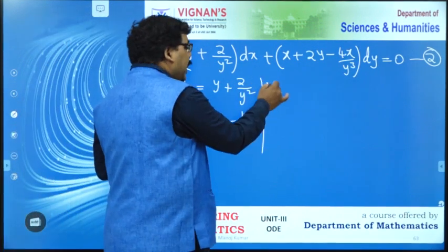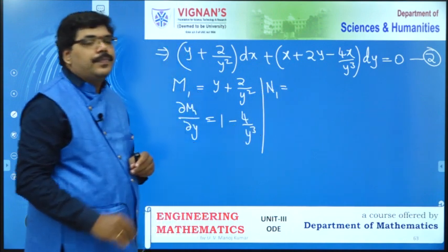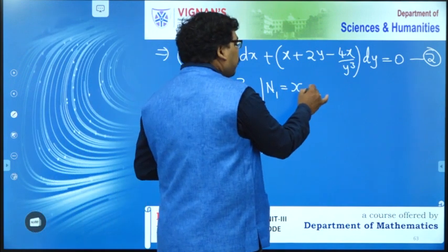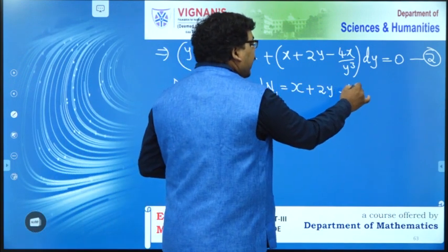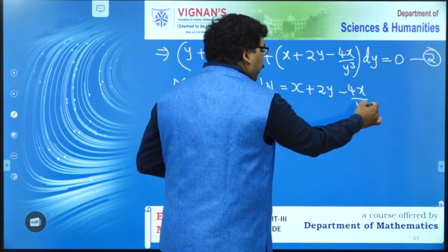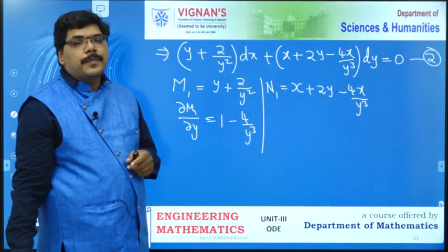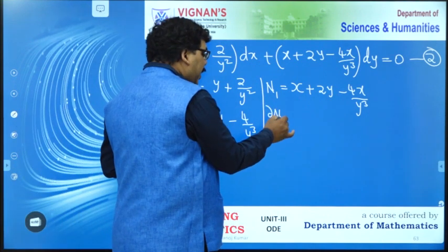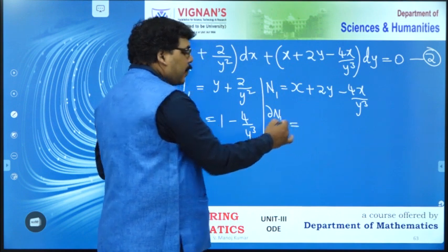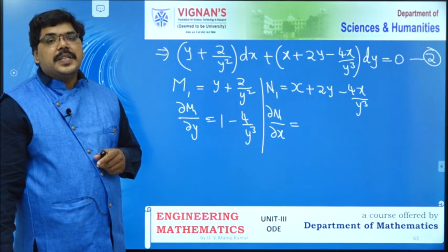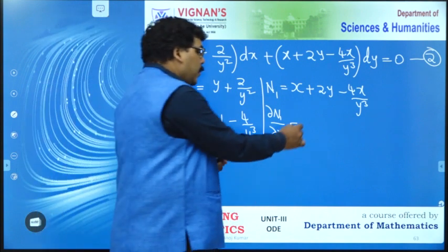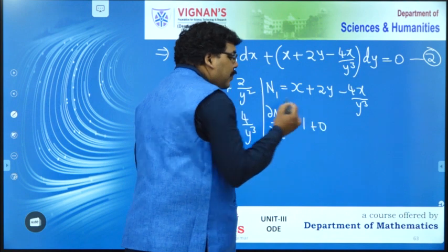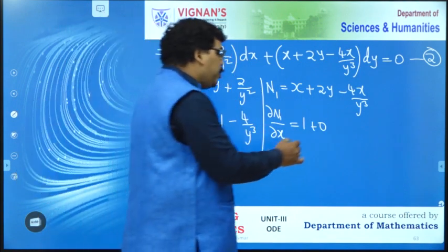Similarly, N1 is x plus 2y minus 4x by y cube. So dou N1 by dou x, we are differentiating with respect to x: 1 here, 0 here, and minus 4 by y cube there.